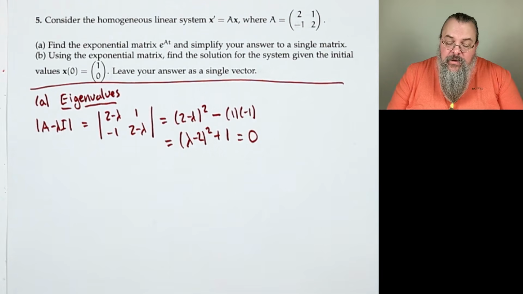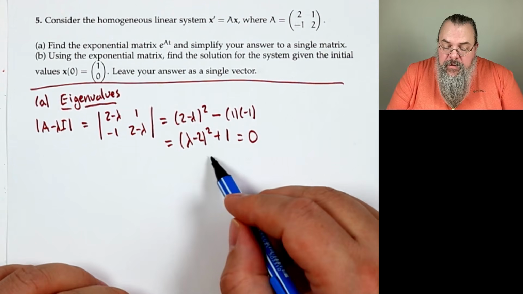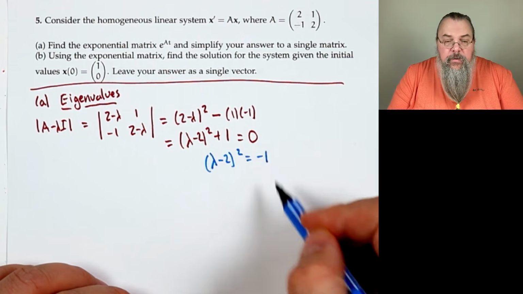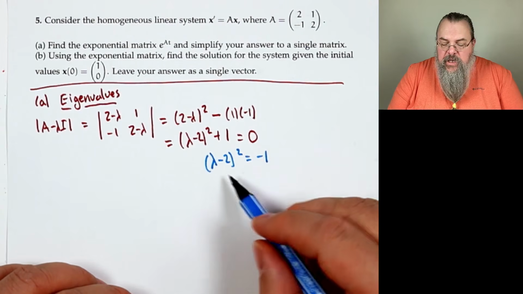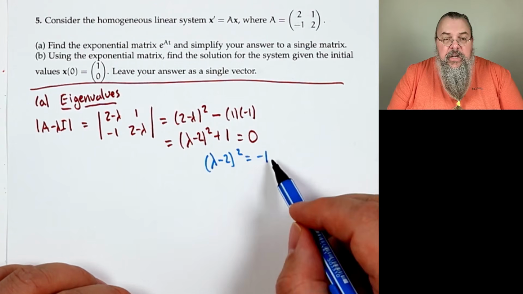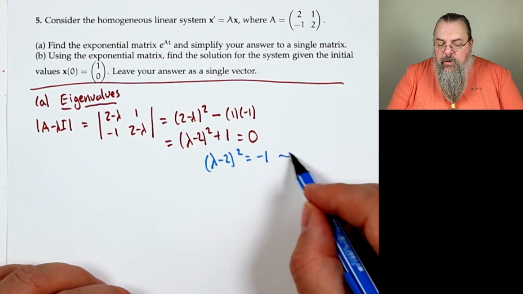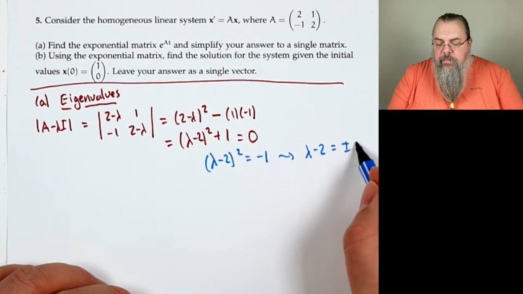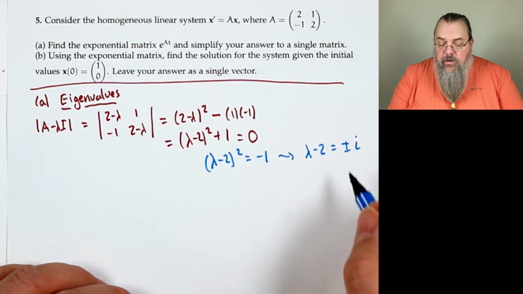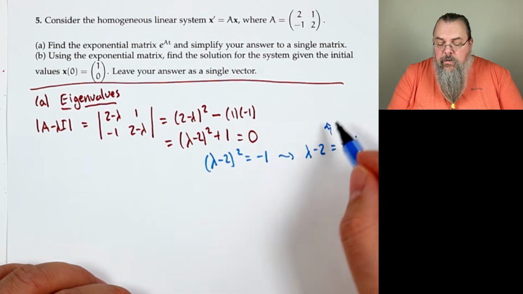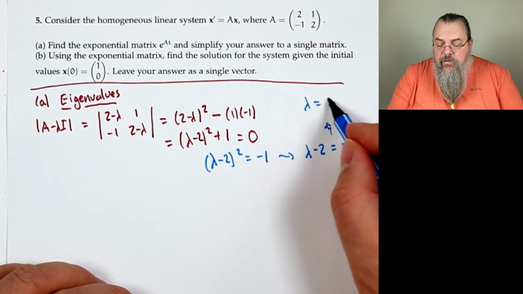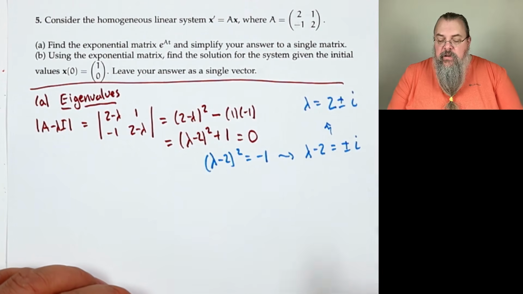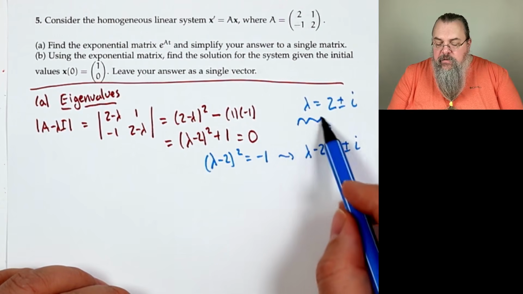And so to solve for lambda, we'll do a little bit of moving things around. So lambda minus 2 squared equals negative 1, which says I need to square something and get negative 1, which means lambda minus 2 had to be either plus or minus i, or we get lambda equals 2 plus or minus i. Okay, so these are our eigenvalues.